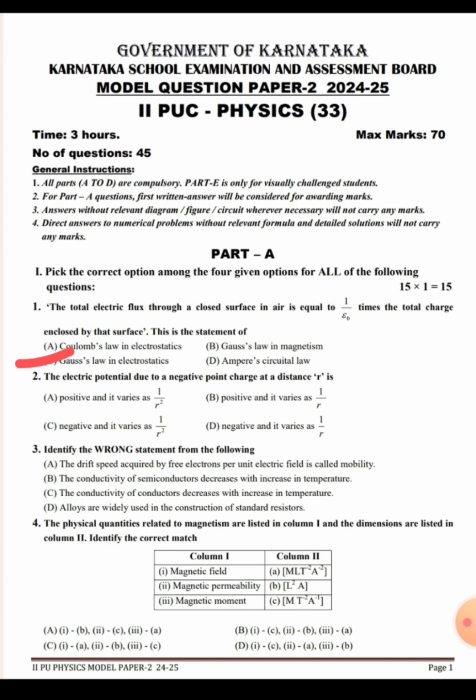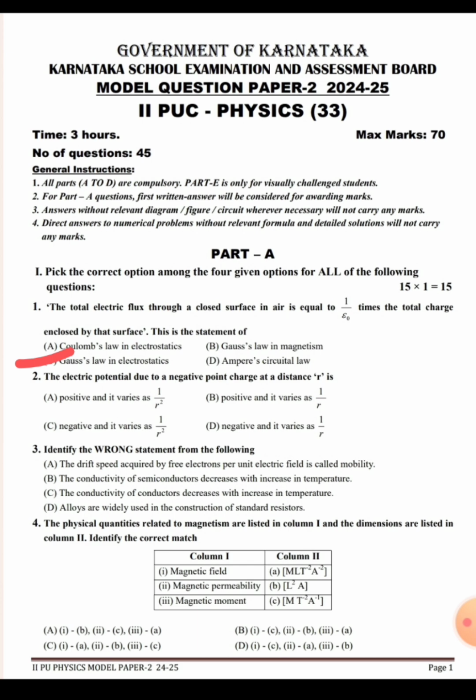Coulomb's law tells about force, but here it is given total electric flux, so Coulomb's law is not possible. Gauss law in magnetism and Ampere circuital law, both we have studied in the moving charges chapter. So either option A or option C comes in electrostatics. Option A is not possible because Coulomb's law tells about electrostatic force. That's why it is option C.